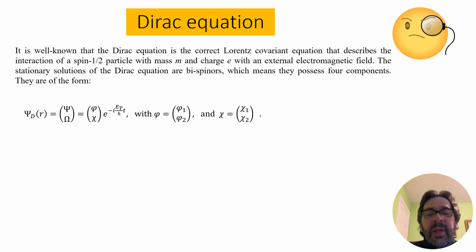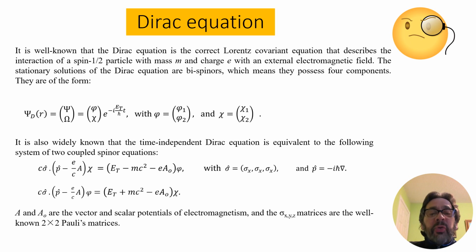The solutions of the Dirac equation are formed by 2 spinors. It is also widely known that the time-dependent Dirac equation is equivalent to the following system of 2 coupled spinor equations, shown below.